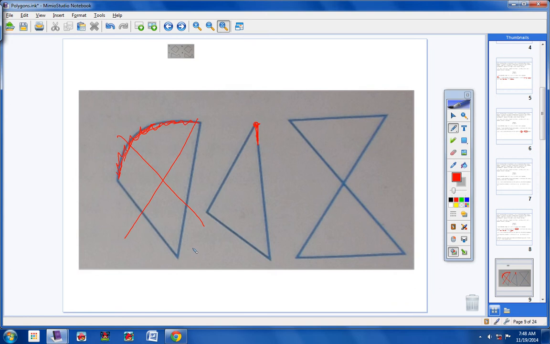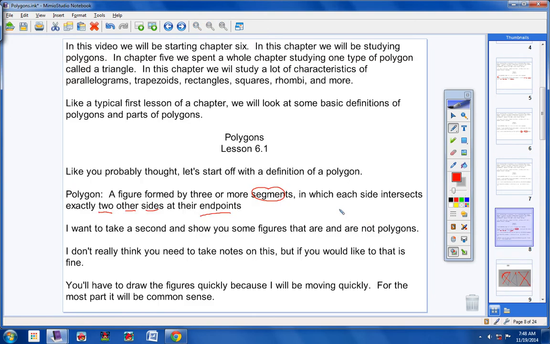Okay? This would not be a polygon here because look, guys, see this segment right here? It's intersecting another segment, first of all, in three places. 1, 2, 3. And the definition says each side intersects exactly two other sides.